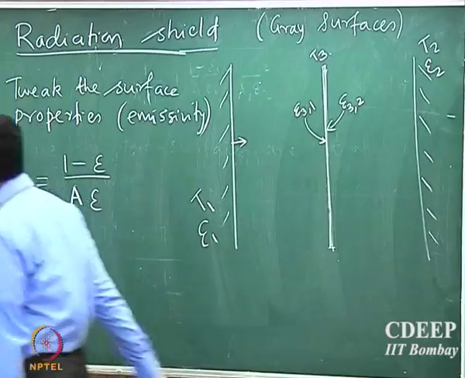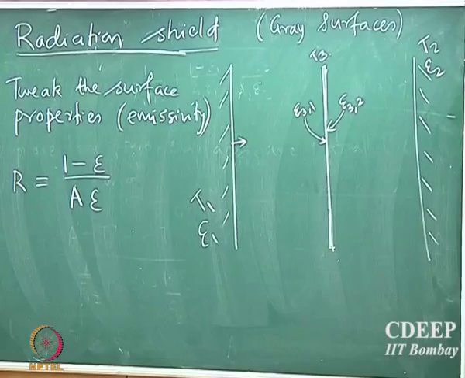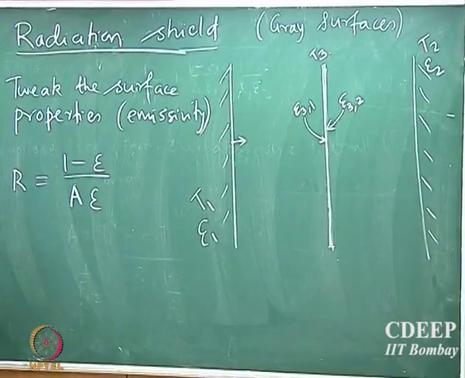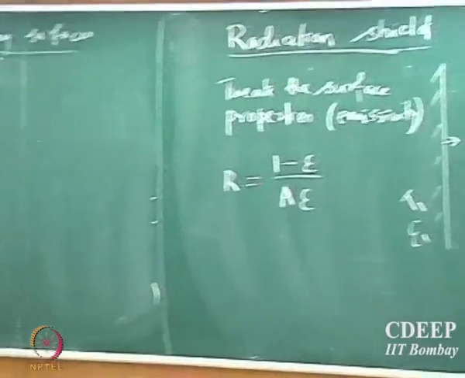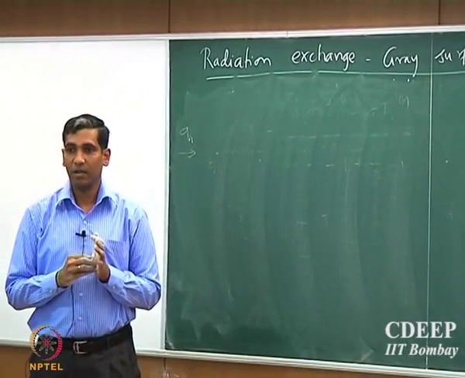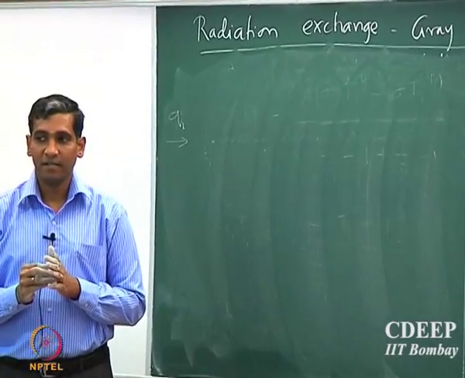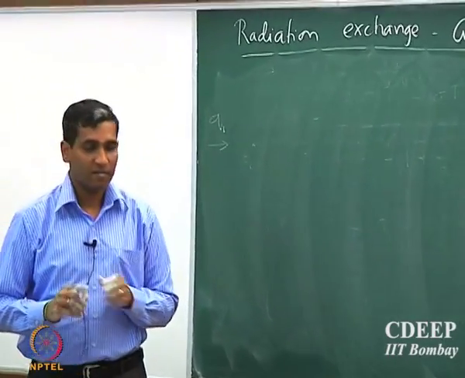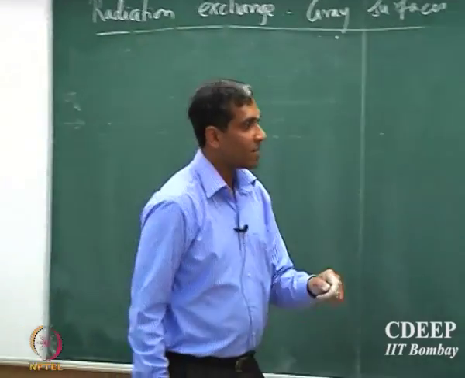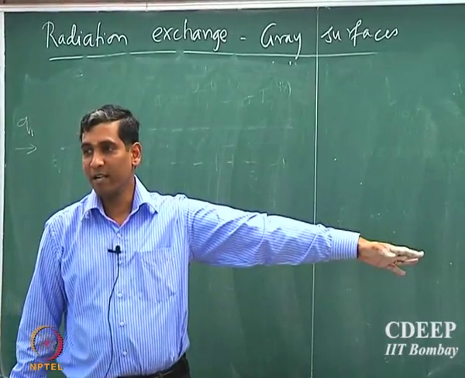If you want to characterize this, we can now use the resistance network concept. How many resistances are there for this system? 6. What are they? There is one resistance for radiation that is emitted by surface 1.